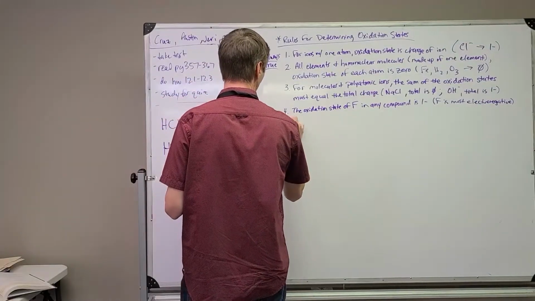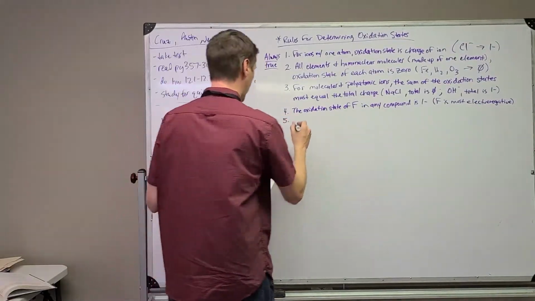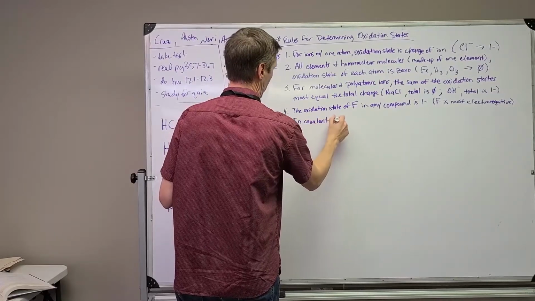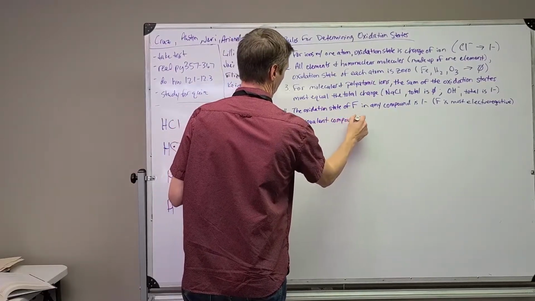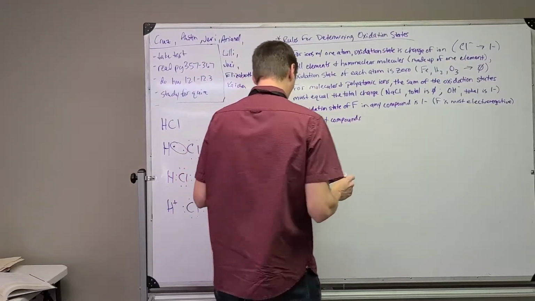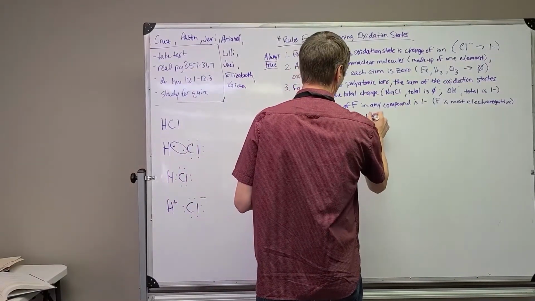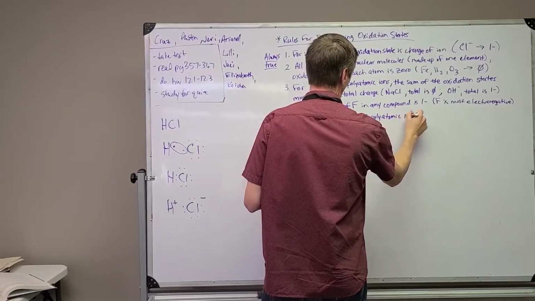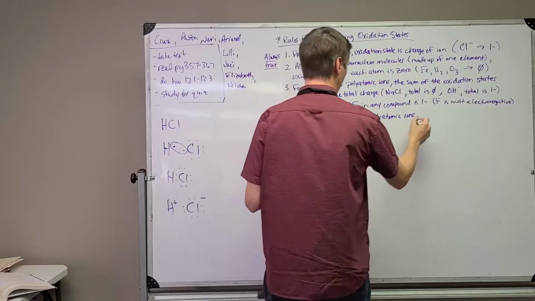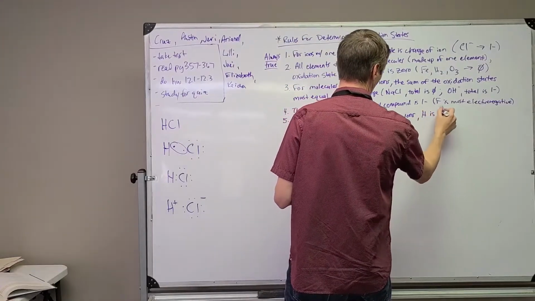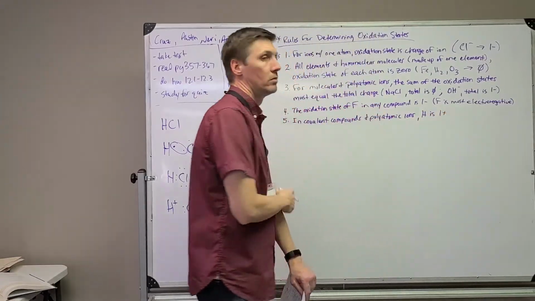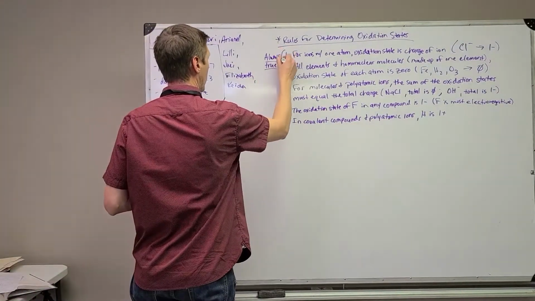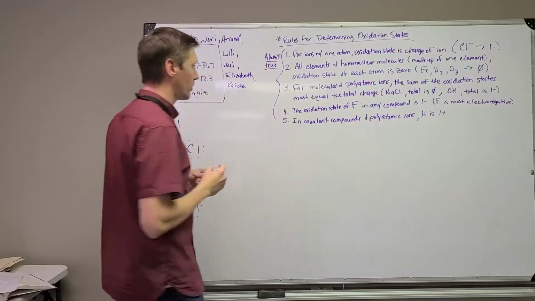And then the last of our always true rules is that in covalent compounds and polyatomic ions, H is 1 plus. All right, so for these first 5, these are always true.